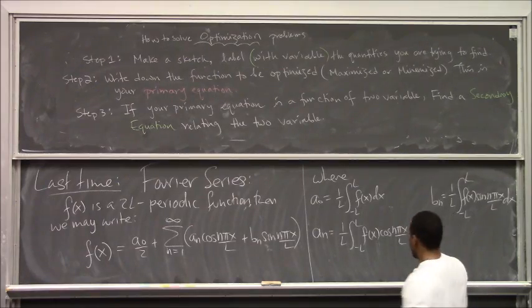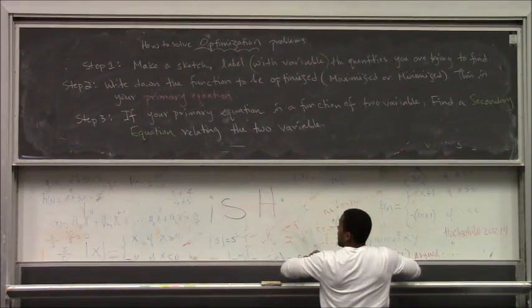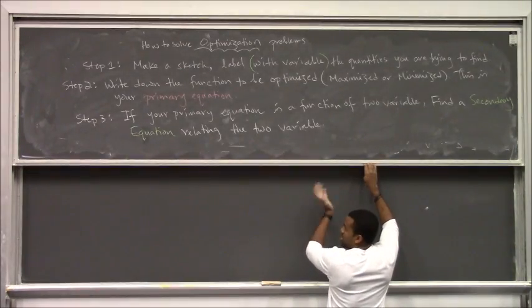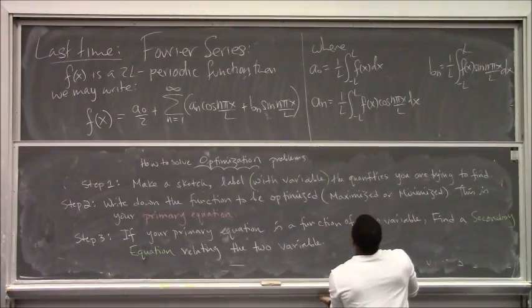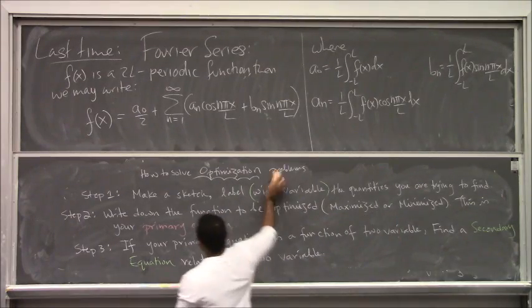So we painstakingly derived that last time. You don't really need to know how to derive it, you just need to know that that's how you express a function as a Fourier series.